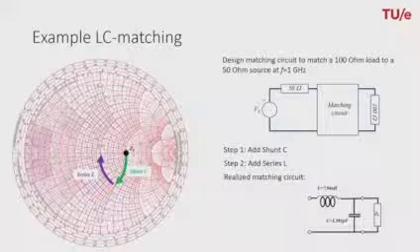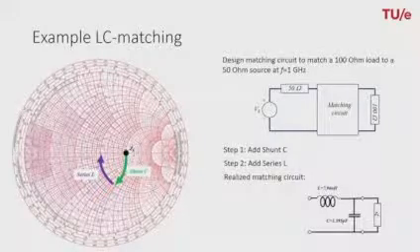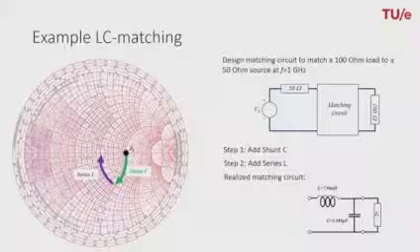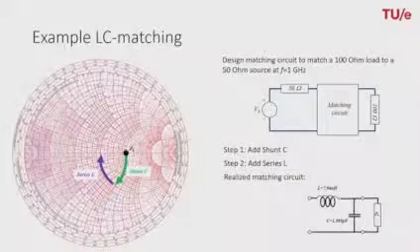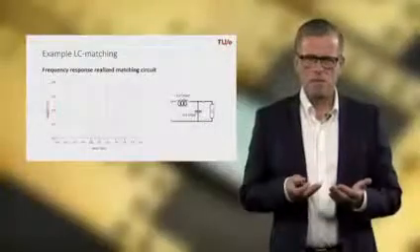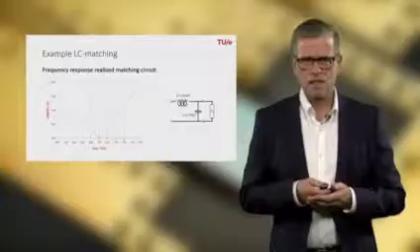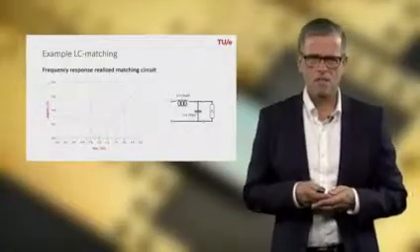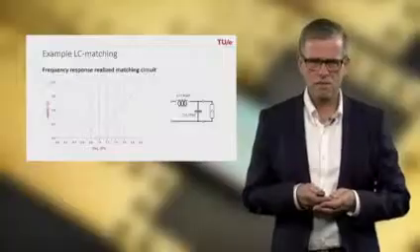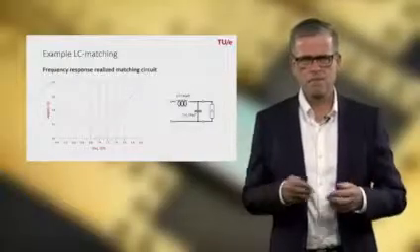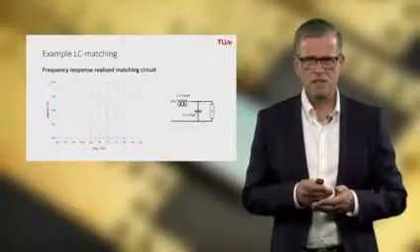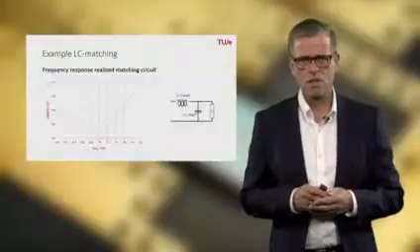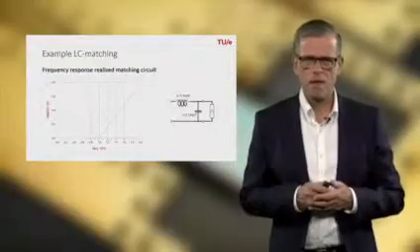At the design frequency of 1 gigahertz, the values of this particular matching circuit are shown here. If we simulate this circuit in a circuit simulator and make a plot, as shown here, of the magnitude of the reflection coefficient versus frequency, we clearly see that at the design frequency, 1 gigahertz, we have perfect matching.